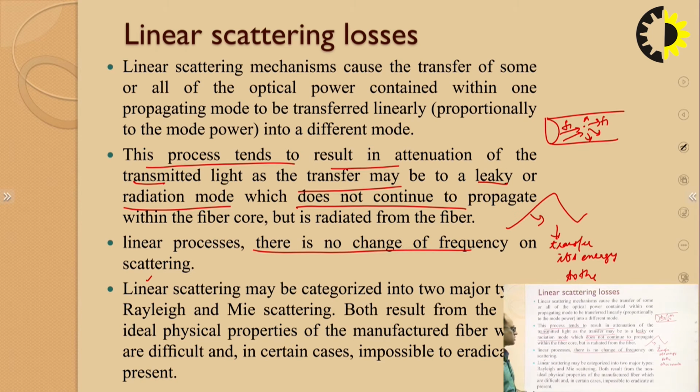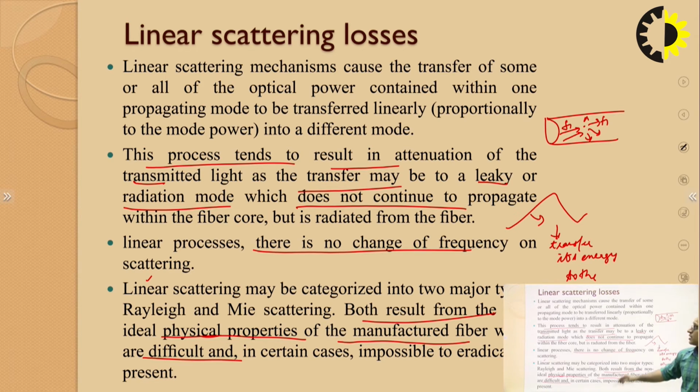This linear loss can be categorized into two types, Rayleigh scattering and Mie scattering, and both result from the non-ideal physical properties of the manufactured fiber which are difficult to eradicate or minimize. Clear?